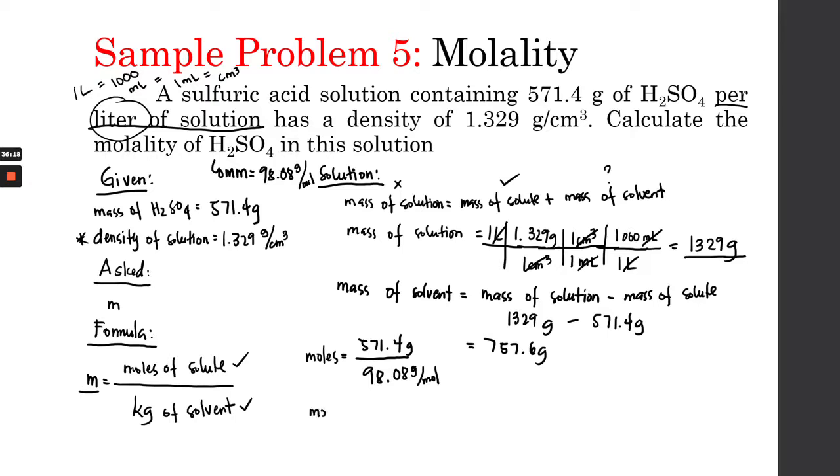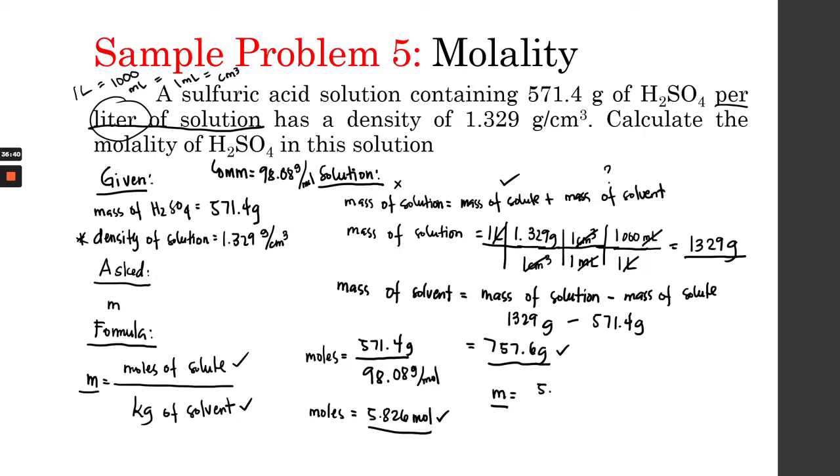So the moles of our solute is equal to 5.826 moles. Now we have the grams and we have the moles, we can solve for the molality of this solution.